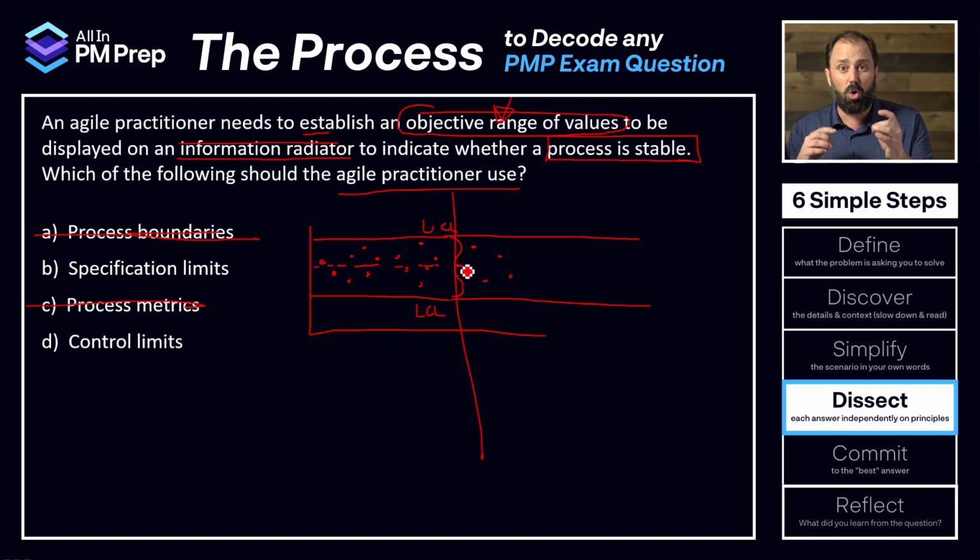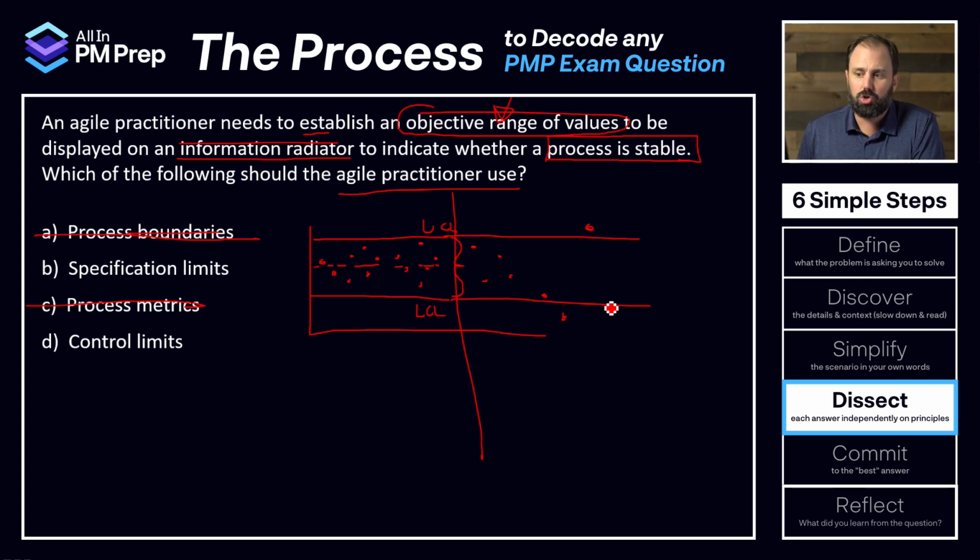As long as it's on the road, don't freak out. Now, the farther it gets out here, we're getting closer to, what's going on? And definitely if it gets out here, we want to understand. But as long as it's within the upper and lower control limits, it's reasonable, expected, under the natural patterns of natural variation, okay?